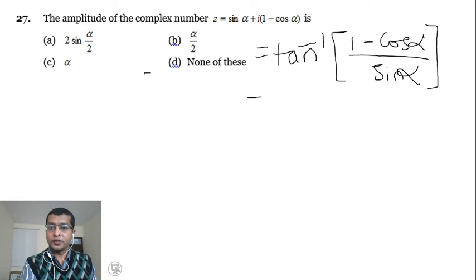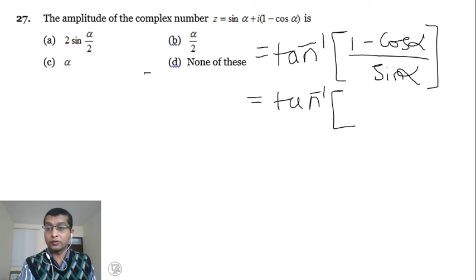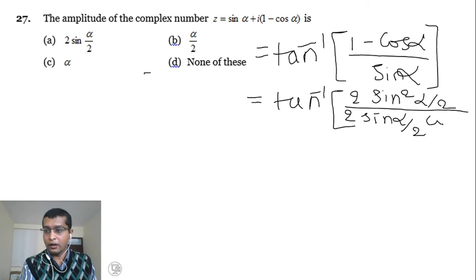Using the half angle formula, I will simplify this. 1 minus cos alpha is 2 sin square alpha by 2, right? And sin alpha is 2 sin alpha by 2 cos alpha by 2. Now here I can cancel 2 and 2, and one sin and one sin.